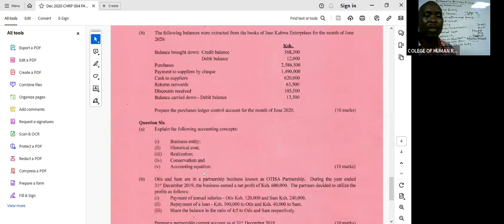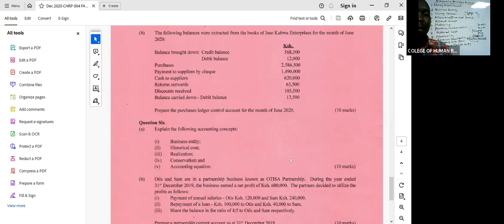It is an equation that states that the value of assets in a business at any given time should be equal to the value of capital and liabilities.